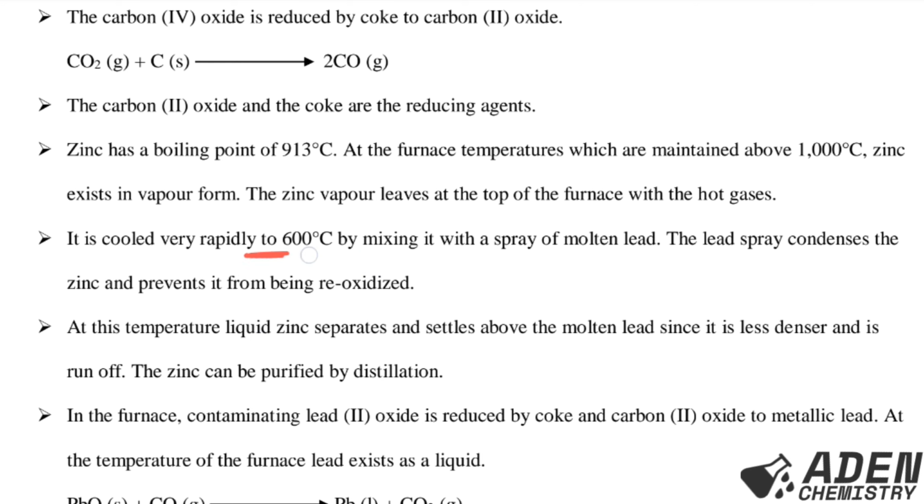So at this temperature, liquid zinc separates and settles above the molten lead since it's less dense, and it runs off. We're told zinc can be purified by the distillation method, because that zinc contains impurities like the molten lead. So for us to get more pure zinc, it can be purified by the distillation method.